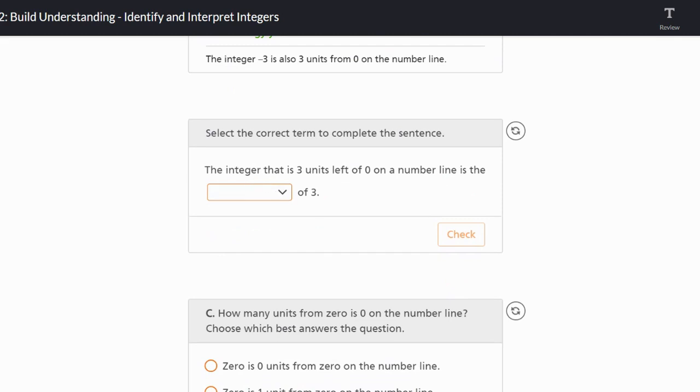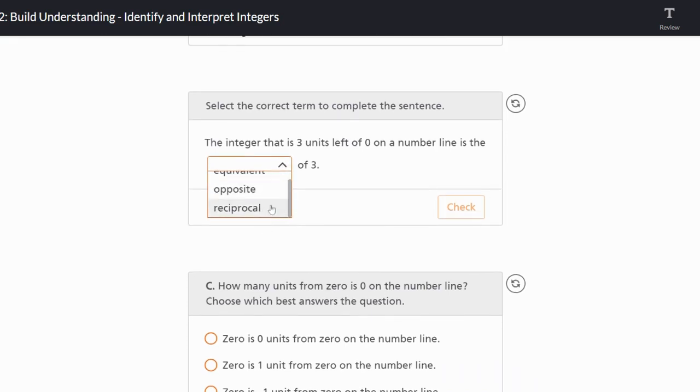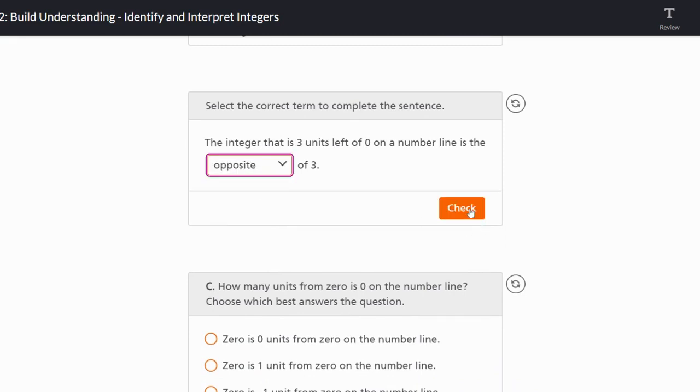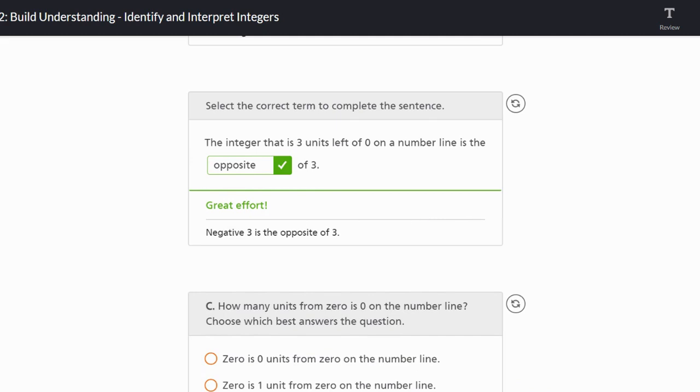The integer that is 3 units left of 0 on a number line is the equivalent of 3, the opposite, or the reciprocal. You should say the opposite. -3 is the opposite of 3. You can't see a little positive symbol here, but we know if we don't see a negative sign in front of a number, then it's going to be positive.